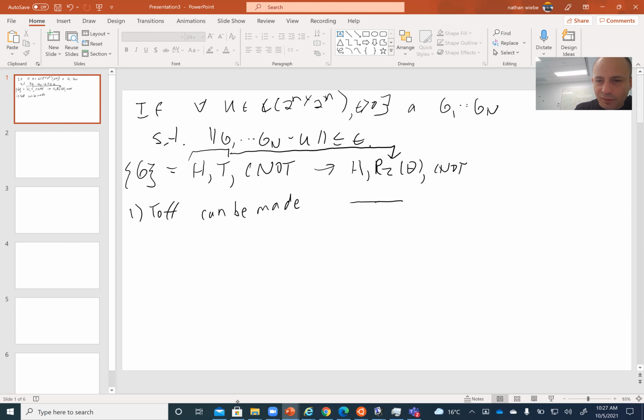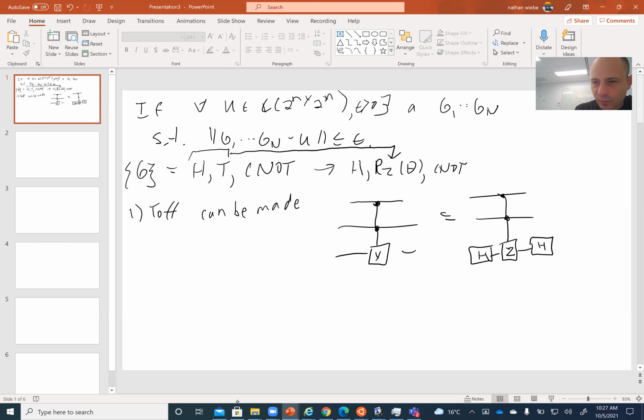First step is the Toffoli gate, recall, is a controlled X gate. Now this, using the Hadamard gate, can be written as a controlled Z gate with Hadamards on either side. Okay, great.